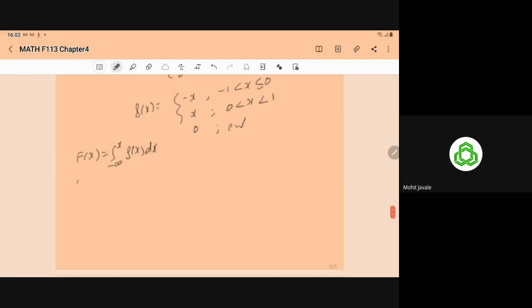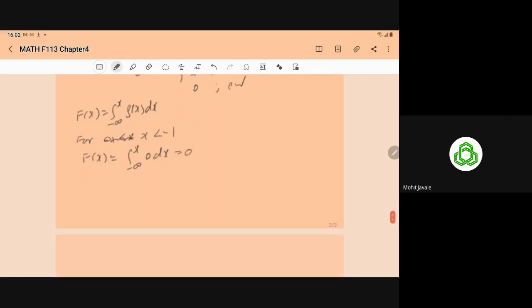So for x less than -1, F(x) will be the integral from minus infinity to x of 0 dx, that is 0.